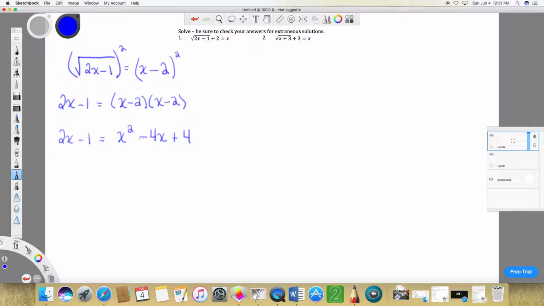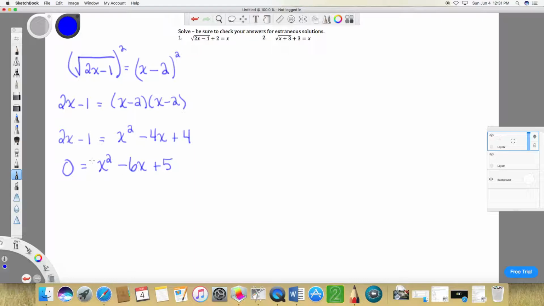So this is a quadratic equation. Let's get it set equal to 0 and see if we can factor it. And if we can't factor it, we'll try to either complete the square or use the quadratic formula. So on the left-hand side, let's get this equal to 0. Let's subtract 2x from each side. Let's add 1 to each side.